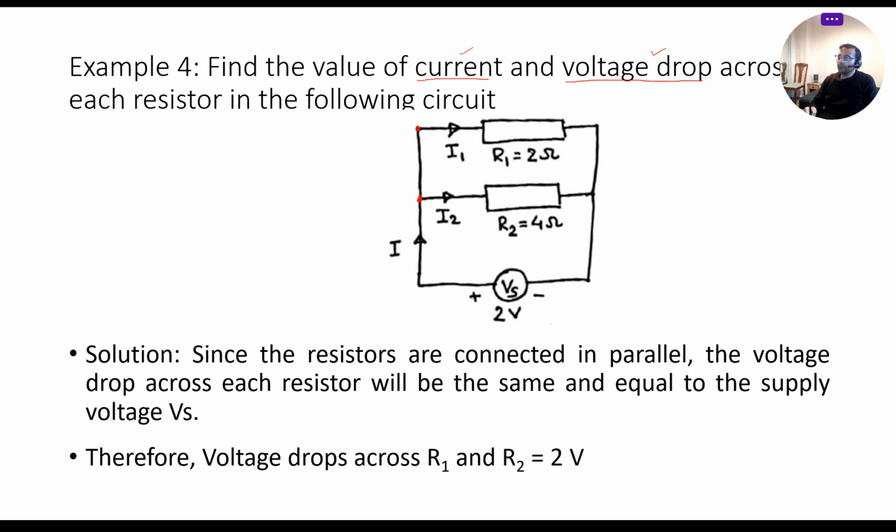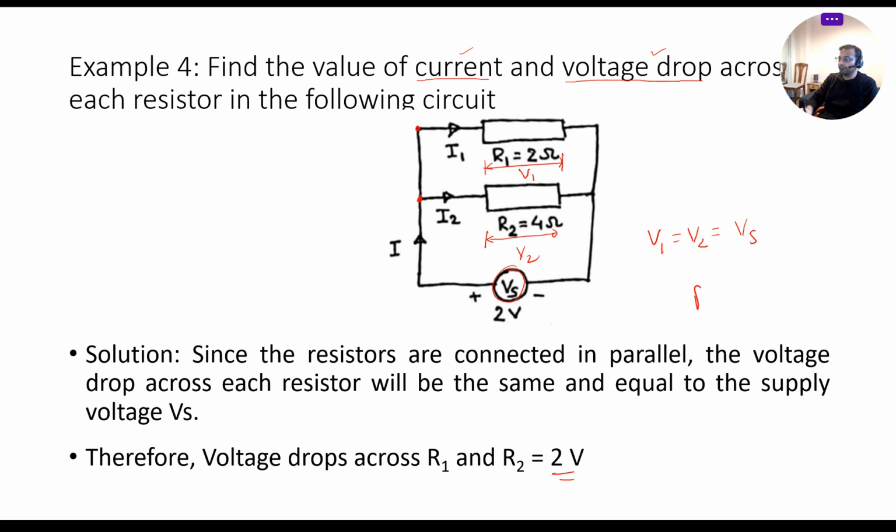Oh yes, we can calculate the voltage drop straight away. So the voltage drop across the parallel connected resistors is the same. So V1 and V2 will be the same. And since you have a supply voltage here, this will be equal to your supply voltage, right? So the voltage drop across resistor R1 and R2 will be 2 volts.